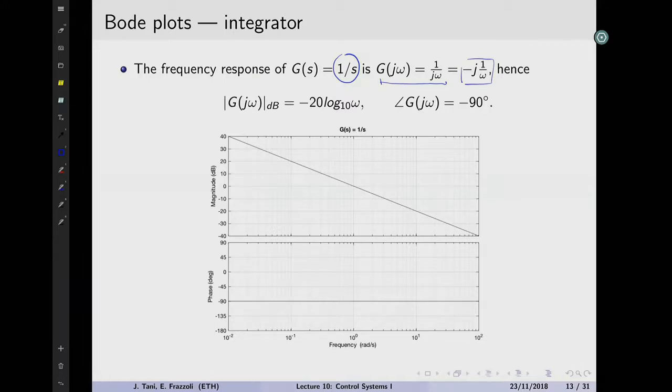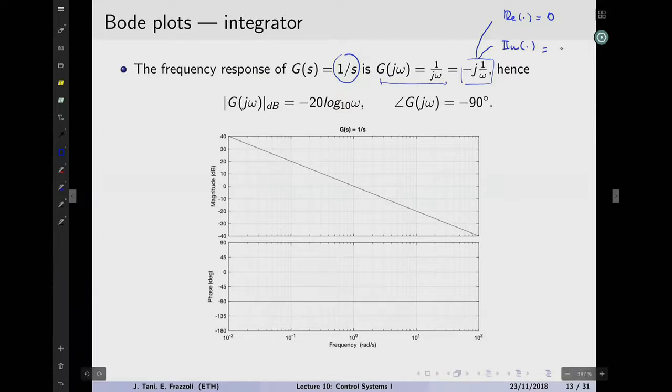What does this tell us? This tells us that this term has a real part that is equal to 0, because there is no real part. The only term that we find is multiplied by the imaginary unit.